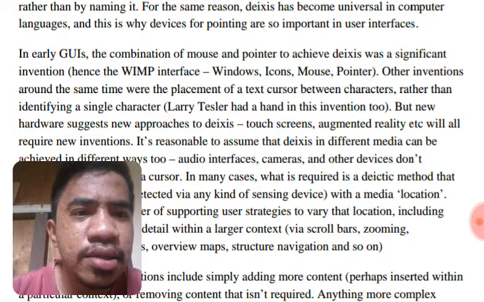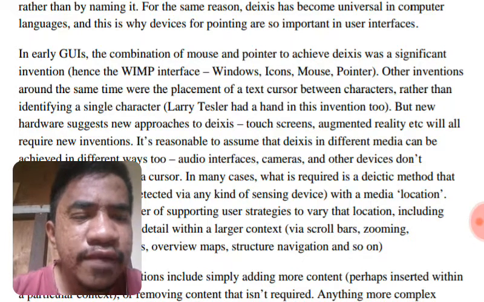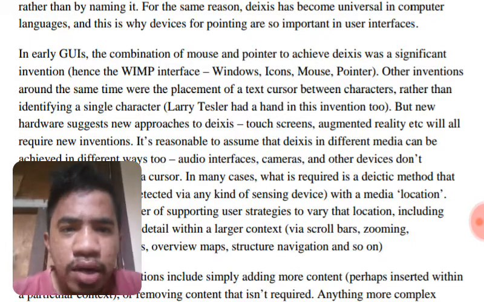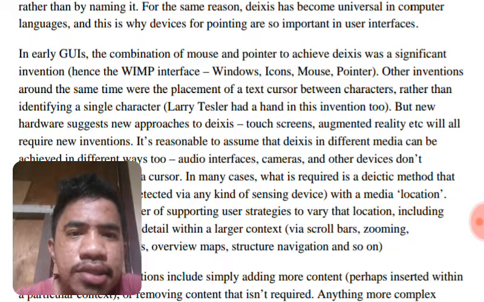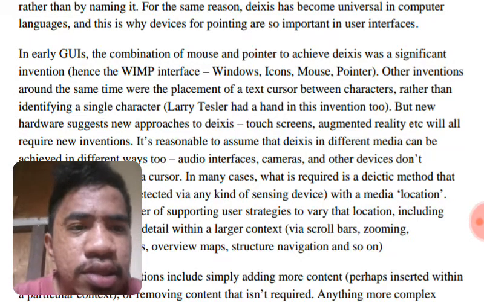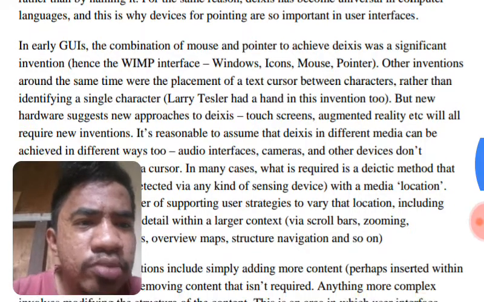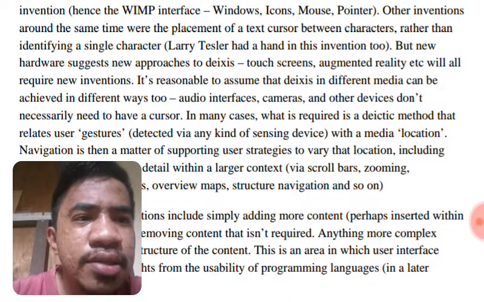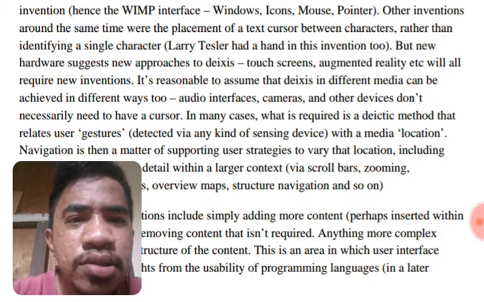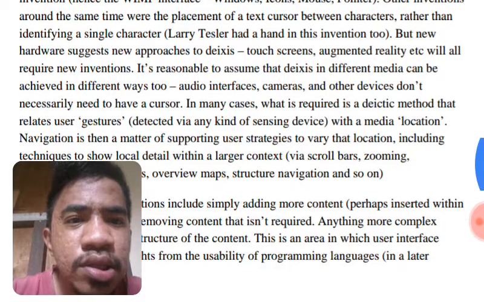Larry Tesler had a hand in this invention too, but new hardware suggests new approaches to DXs. Touchscreens and augmented reality will require new inventions.